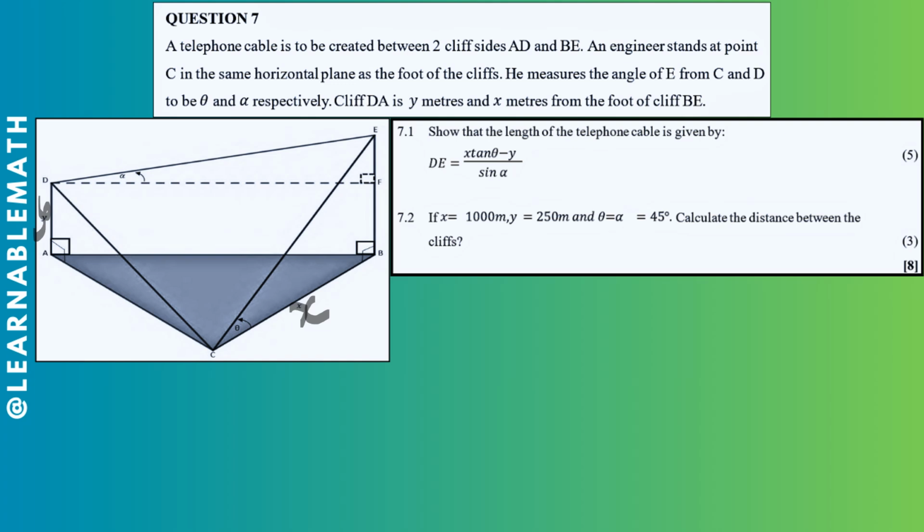So the question of focus is 7.1, which says show that the length of the telephone cable is given by D equals X tan theta minus Y, divided by sine alpha.